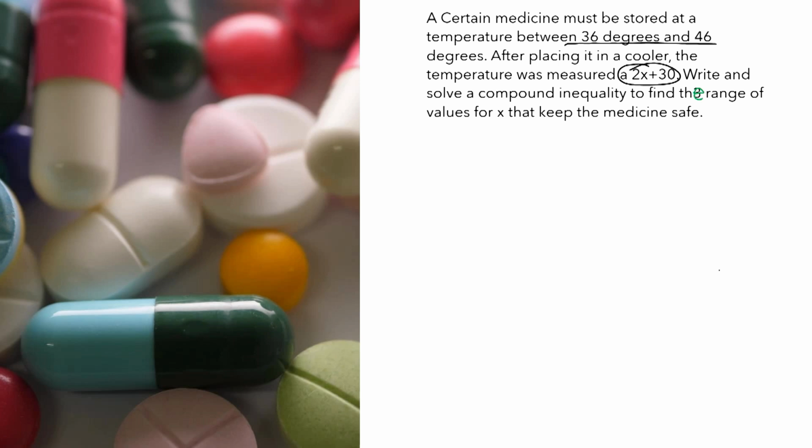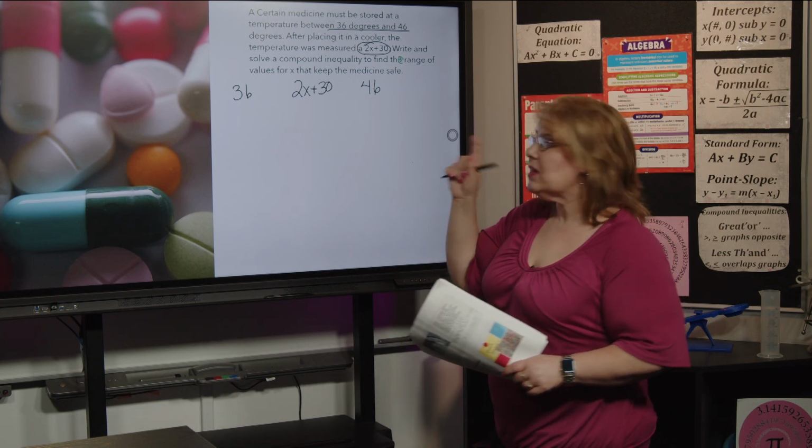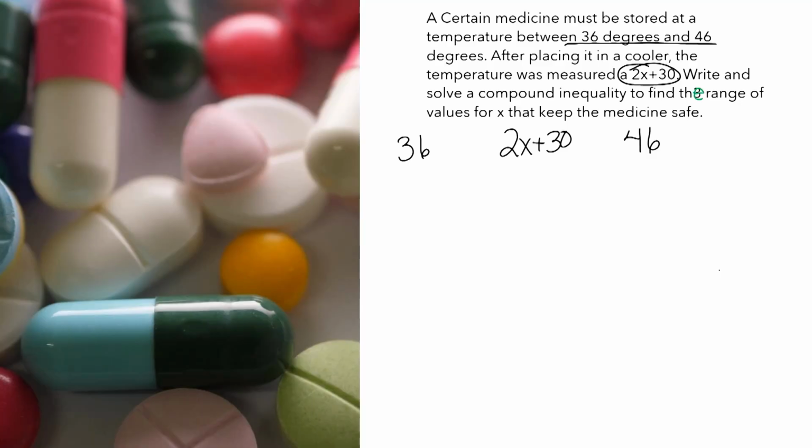So I'm going to write and solve this compound inequality. So I know the lowest it can be is 36. The highest it can be is 46. And where it measured was somewhere in the middle. So I've got to put what this measurement is compared to this 36 degrees and 46 degrees. So let's look. So it says that it was measured and it has to stay between.